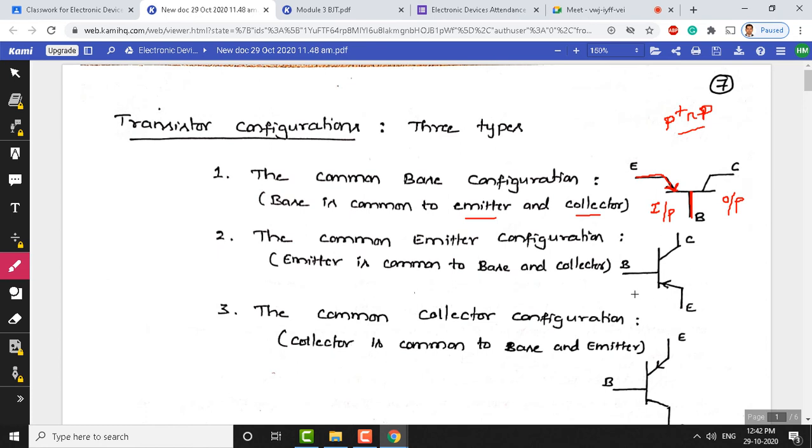In this case the input is applied between the base and the emitter, and the output is taken between the collector and the emitter. So the emitter serves as the common terminal for both input and output. This kind of configuration is called the common emitter configuration.